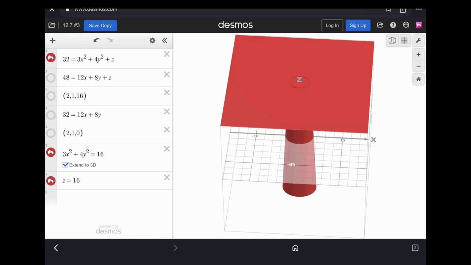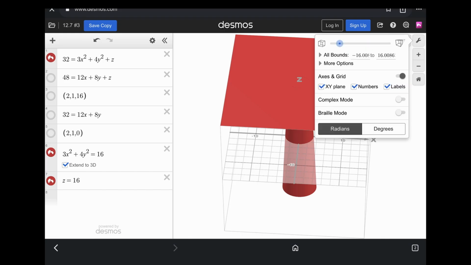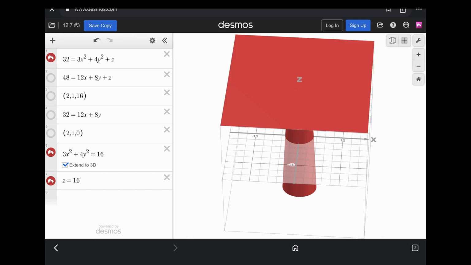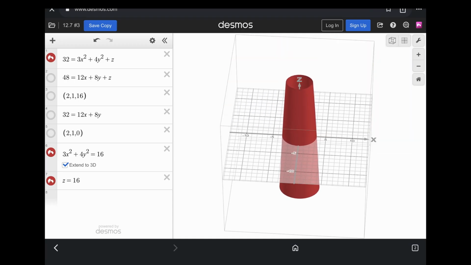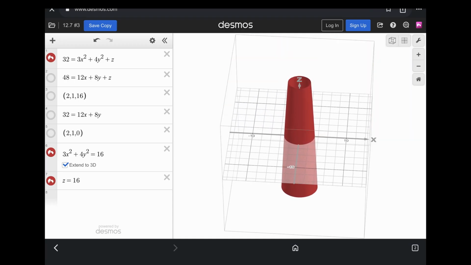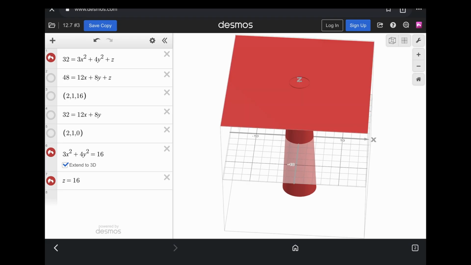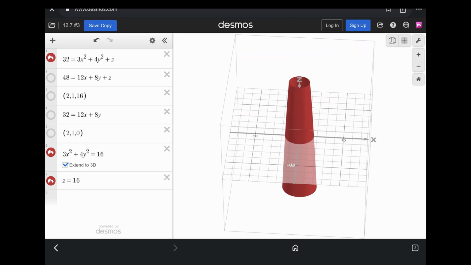And see right here, if I go to 16, if I can label it at 16, see how it's 16.00. We can see that as we get to 16, these curves are going to be exactly the same. And that's a very, very cool trick that you can use not only in Desmos, but under the graphing calculator to show the translations of these 2D curves to 3D and vice versa.